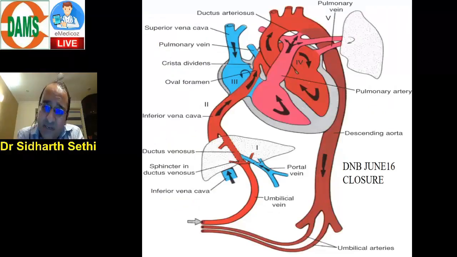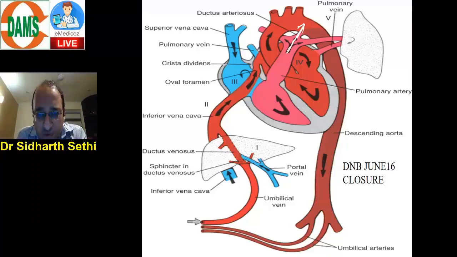Now, what is ductus arteriosus? It's a channel, all of you, which joins the pulmonary artery to the aorta. So as you can see here, it's a channel which joins the pulmonary artery to the aorta like this. Now, when does ductus arteriosus close?